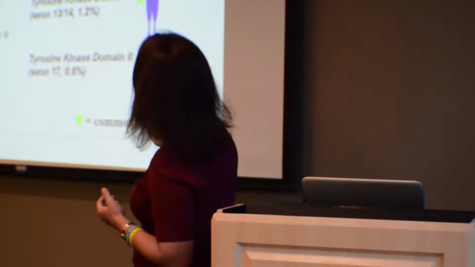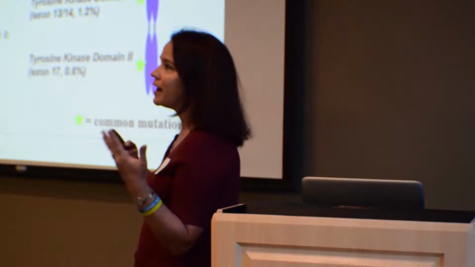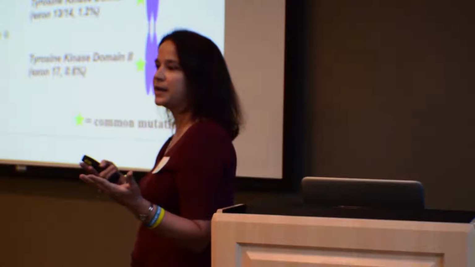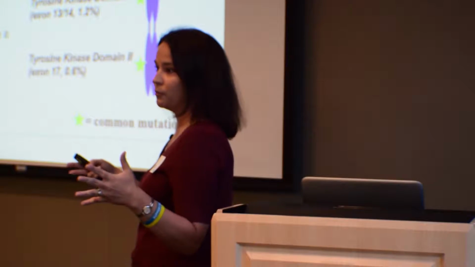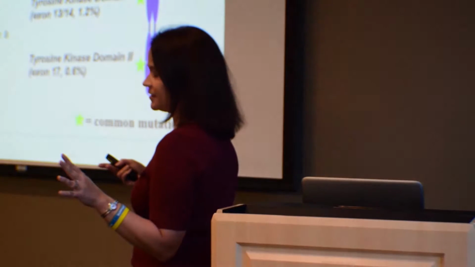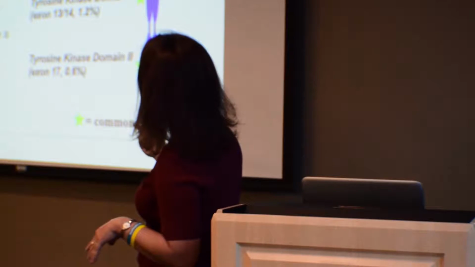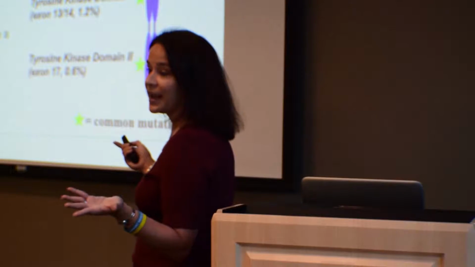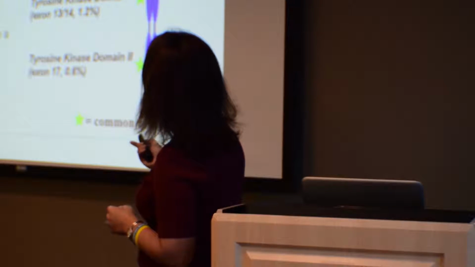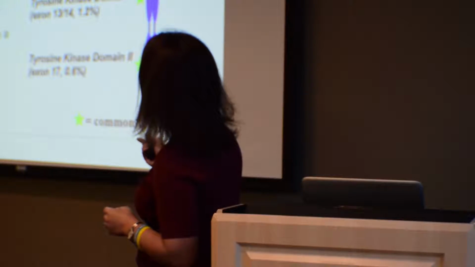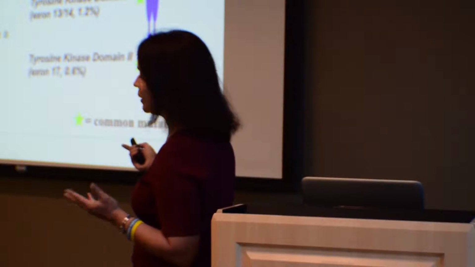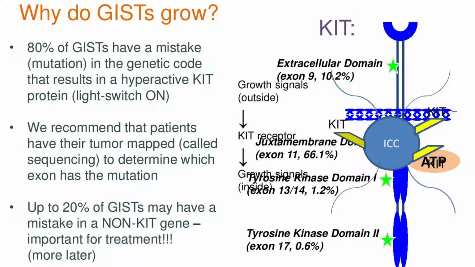We talk about where in a gene something's happening like a mile marker or like a road map, and those terms are called exons. You'll hear that later on. So if you have your mistake in the outside part, it can be occurring in exon 9. The most common place for these mistakes to happen is actually inside the cell at exon 11, or mile marker 11. These are less common but important, and I'll talk about them a little bit later.